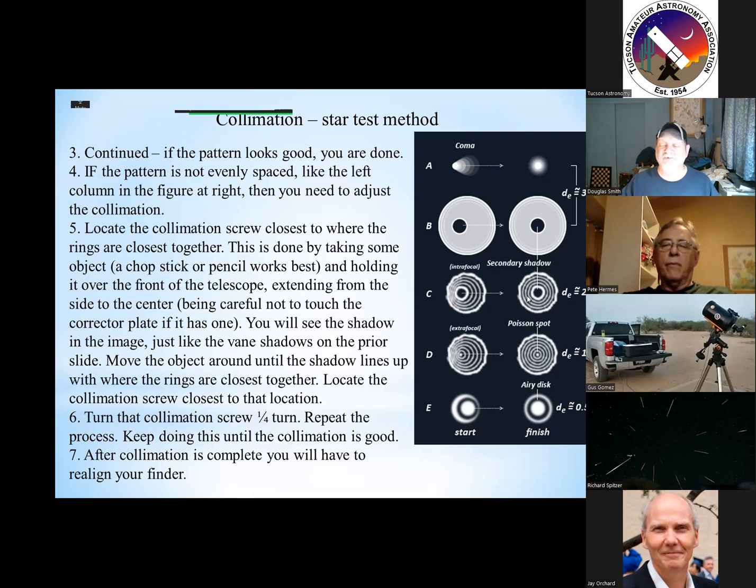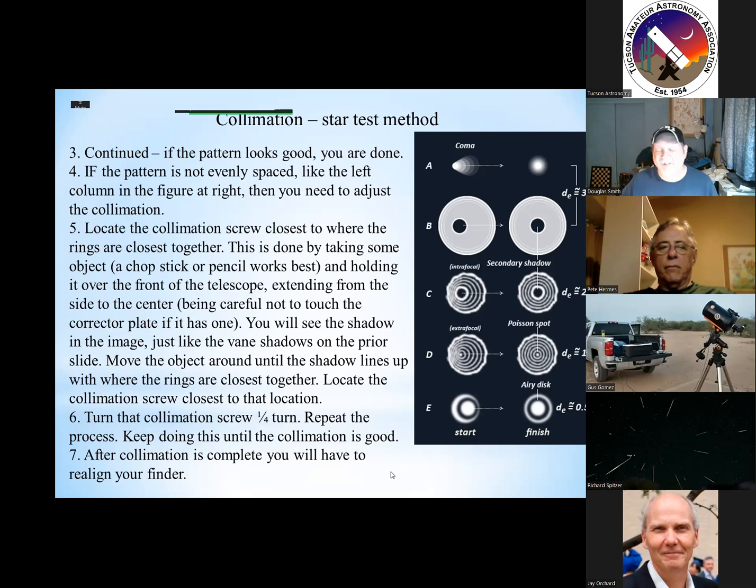They'll change their position on the threads. So the area where the rings are really close together is usually lined up with one of the screws, because usually one of the screws is moved when you bump the telescope. That's usually what happens. So that's why I do it that way.